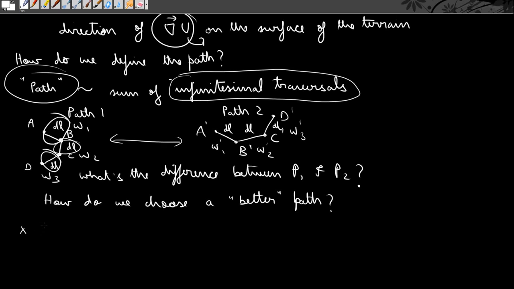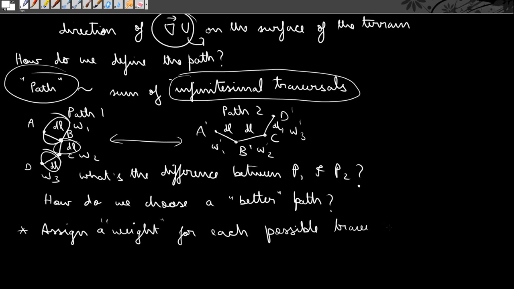So what have I done? I am assigning a weight, again in double quotes, for each possible traversal.